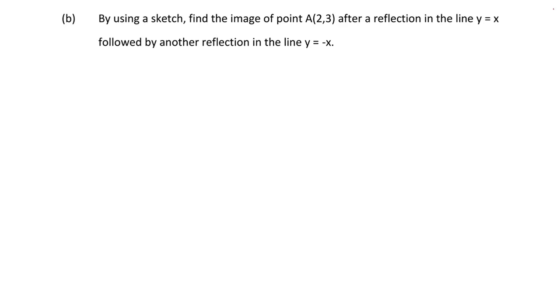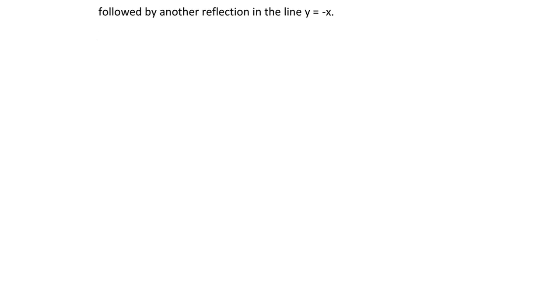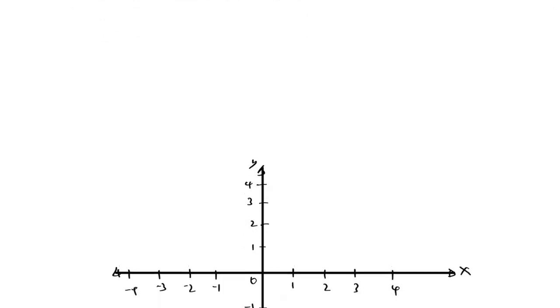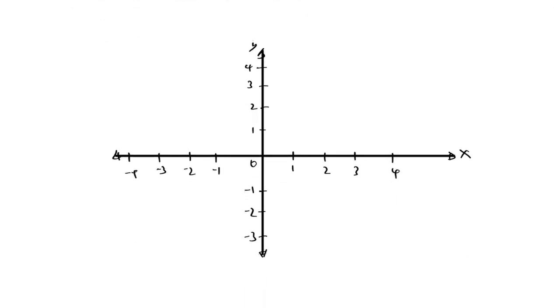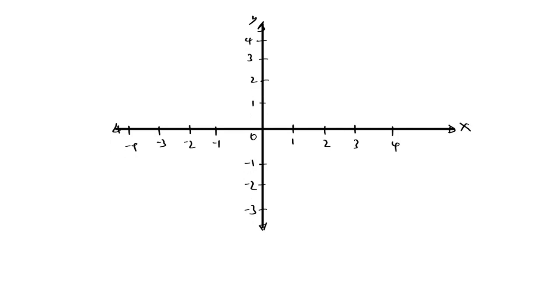Okay, so now we are going to draw the X and Y axes and label them. And then we are going to draw the line y equals x. And then we are going to locate point A (2, 3).